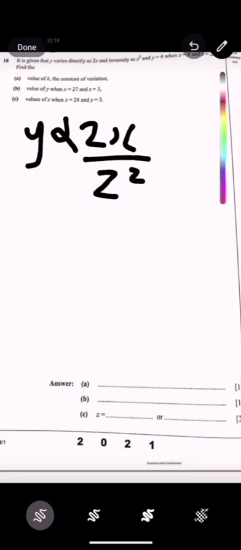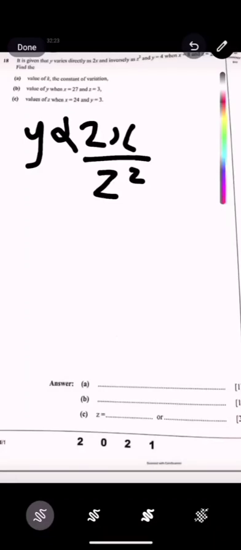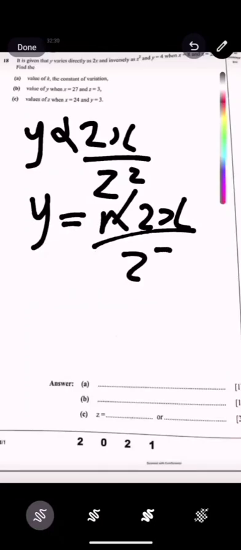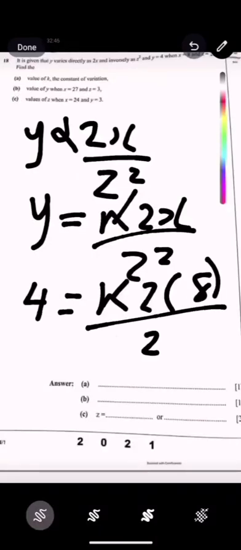As you are reading the English, you should be able to also translate it into numbers, which simply means y is equal to k times 2x over z squared. So they want you to find the value of k, the constant of variation. They have given us y as 4, x as 8, and z is 2 squared.